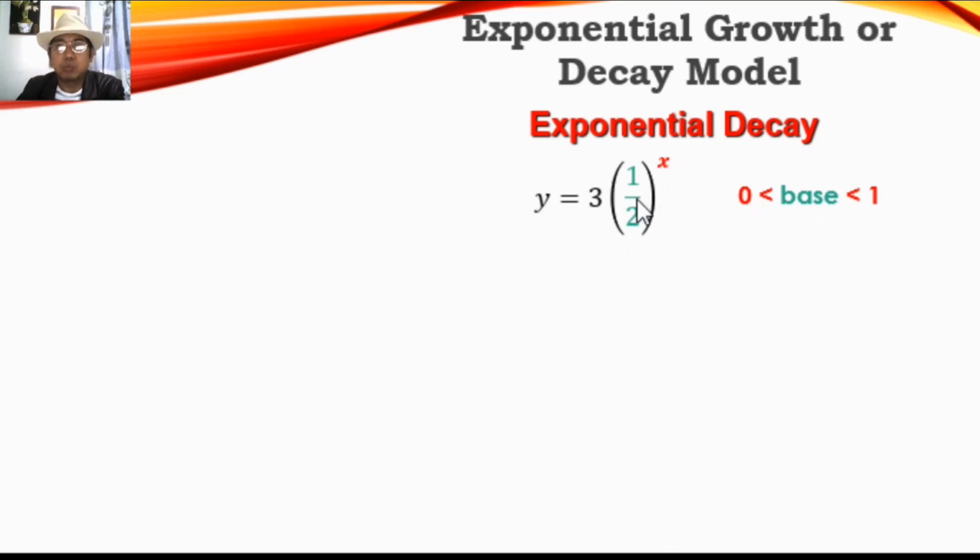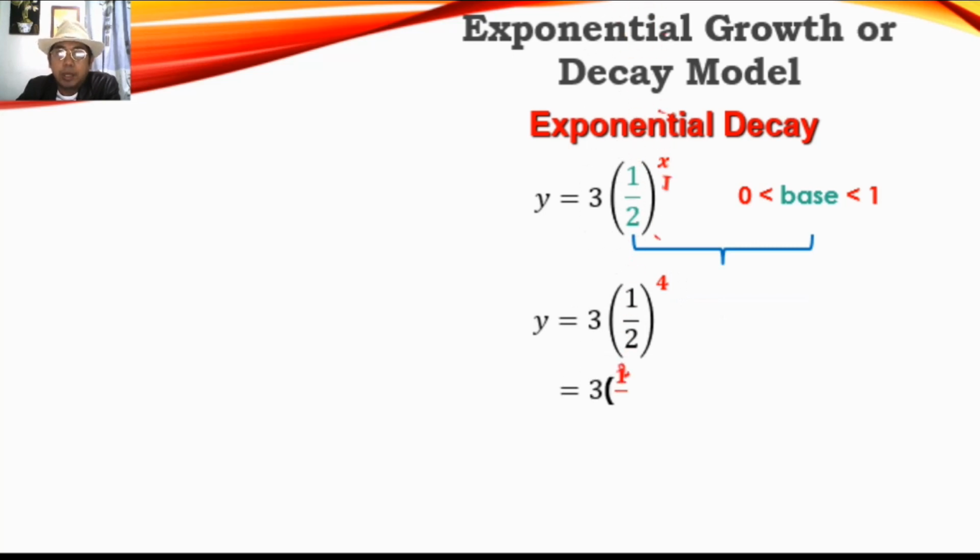Now when I continue computing, it will give me 3 multiplied by the result of 1/2 multiplied by 1/2 multiplied by 1/2, and another 1/2, which is 1/16, to be multiplied by 3.